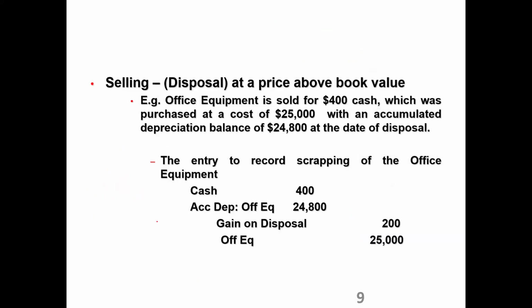Now we have the same cost and the same accumulated depreciation, but this time the asset is being sold at a cash price of 400. In this case, we will have a gain of 400 minus 200, the book value, which is 200.